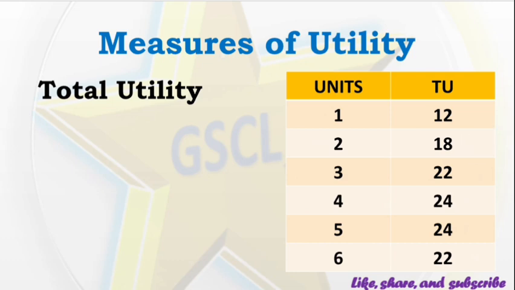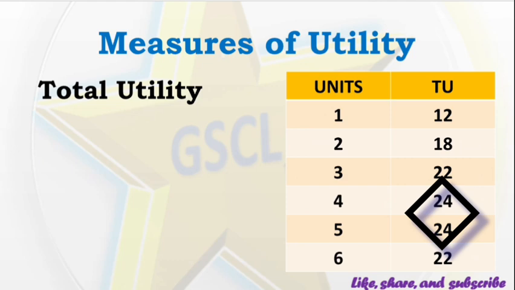After the third unit, 22 utils. After the fourth unit, 24 utils. After the fifth unit, 24 utils.